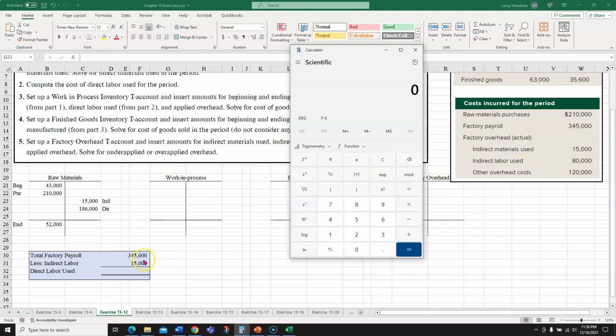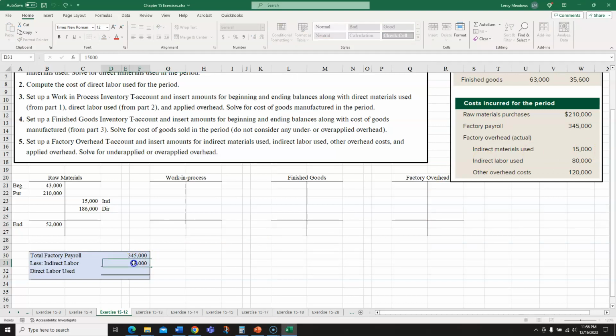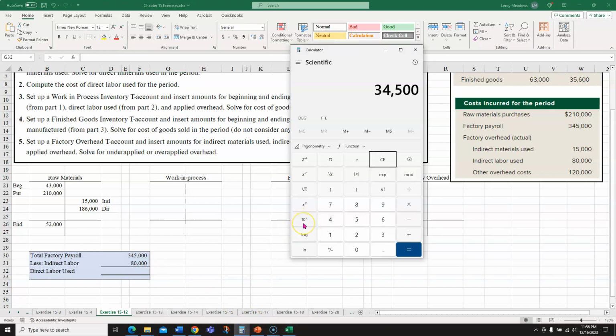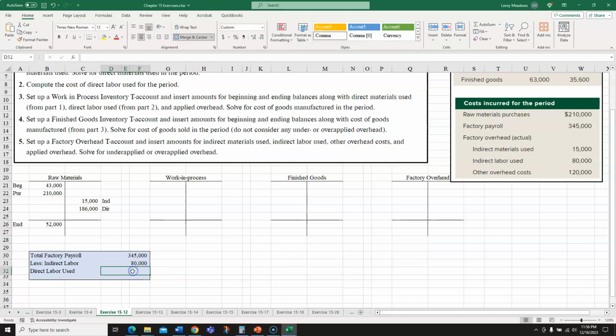I was looking at indirect materials. 80,000. Okay, 345,000 minus 80,000 gives me payroll of $265,000, of which that is our direct labor cost. So $265,000.